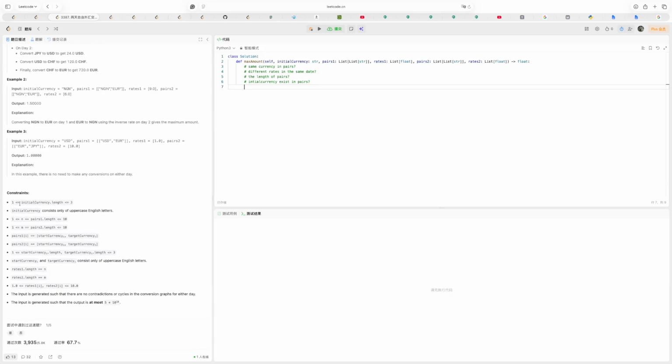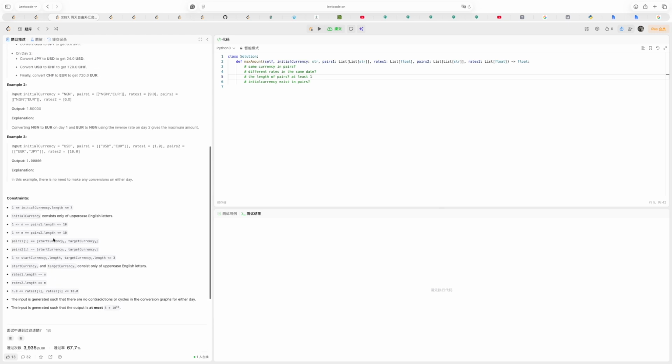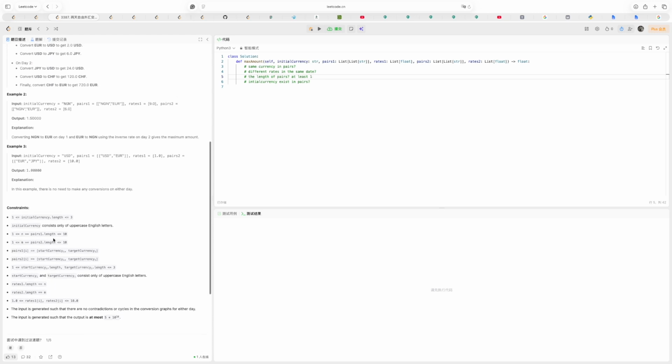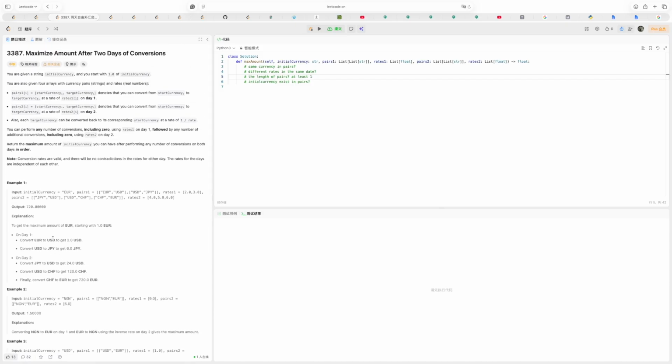Okay, pairs will be at least one. Start currency, target currency.